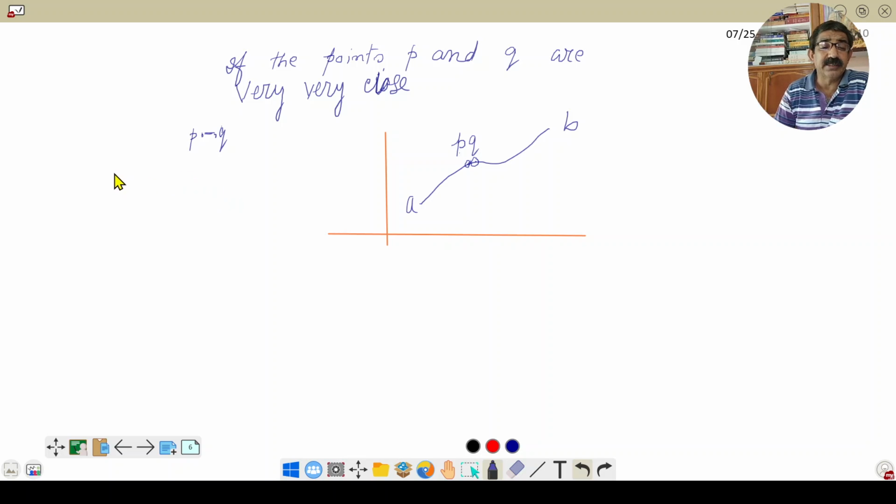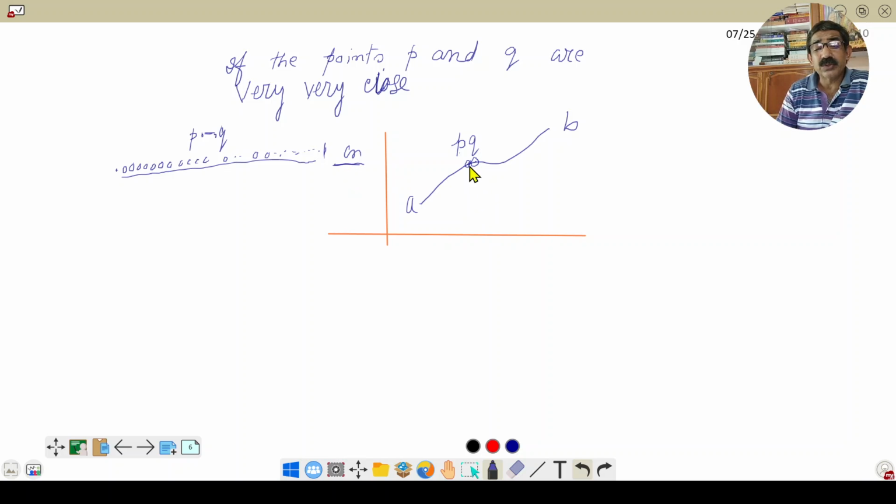That means the distance between the two points is 0.000000000 and then 1 centimeter, a large number of zeros. So this is an abstract concept. We cannot express such a long number in our book, but we can imagine.